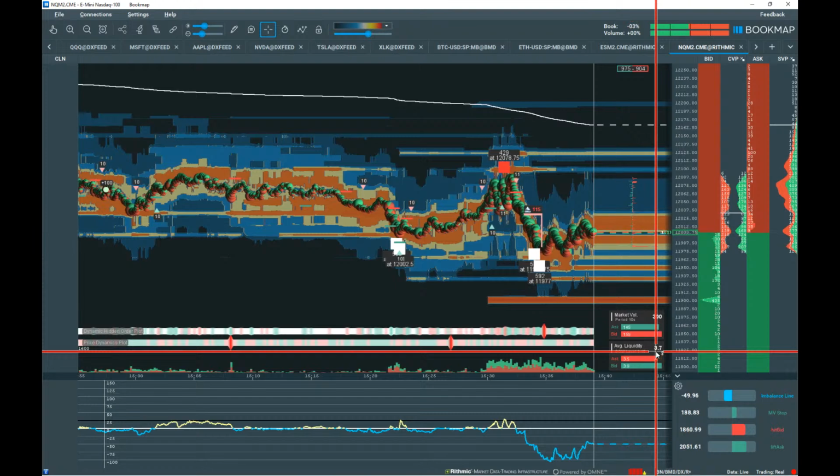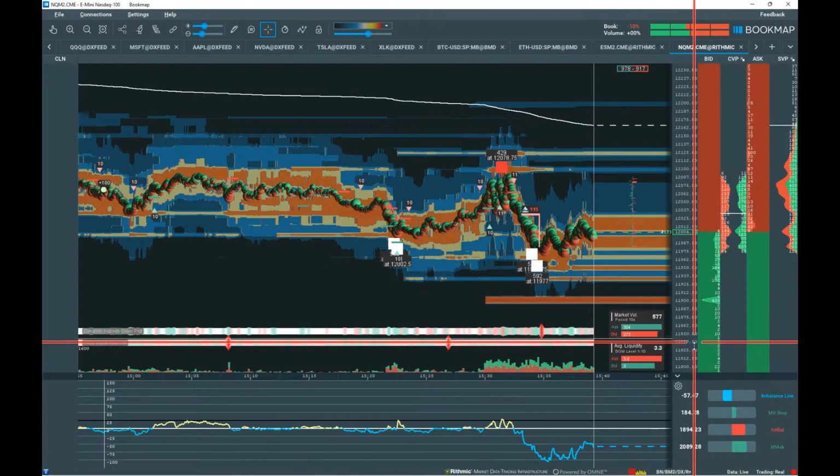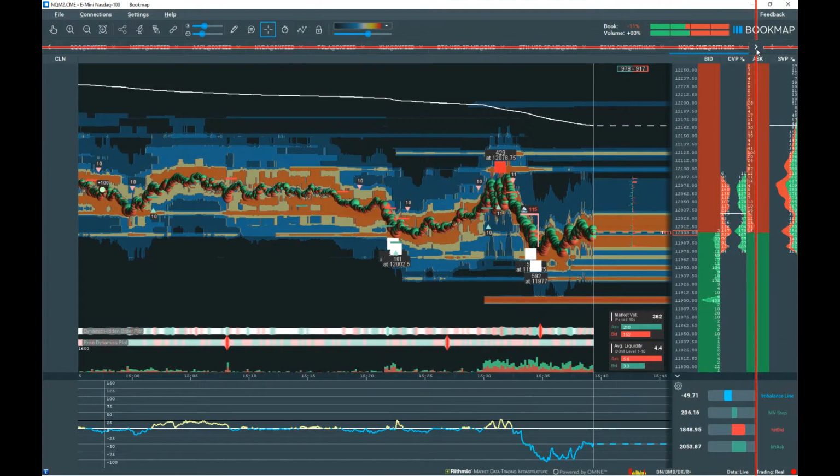This is a really thin instrument. The market trades with extremely thin liquidity. That means per price level on NQ, we have only 4, 5 contracts sitting. A tick in NQ is a cent. So please have a look at the instrument configuration.